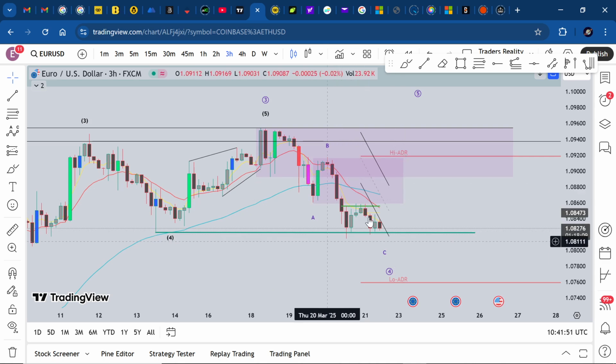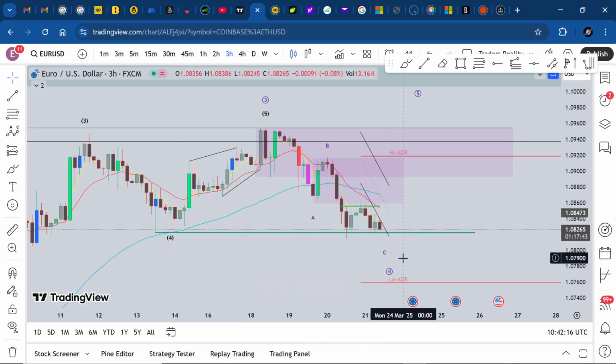That's what, if they're bullish, that's what they're trying to do right now. They're trying to get people into sales using this low. Okay, so waiting for them to go down again and see what happens from there.